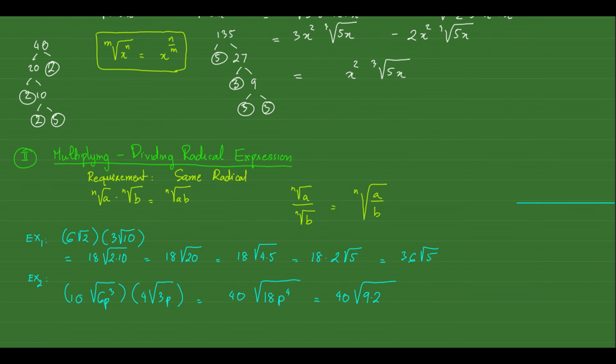I'm sorry, I thought I got something wrong. So p to the 4, I can apply this formula, right? So I'm gonna just keep p to the 4 right now. The square root of 9 is 3. 3 times 40 is 120. The square root of p to the 4, applying this formula, gives you p squared. And the square root of 2 will stay inside. You cannot do anything with that. There you go. And that's it. We're gonna leave it like that because it's already simplified.